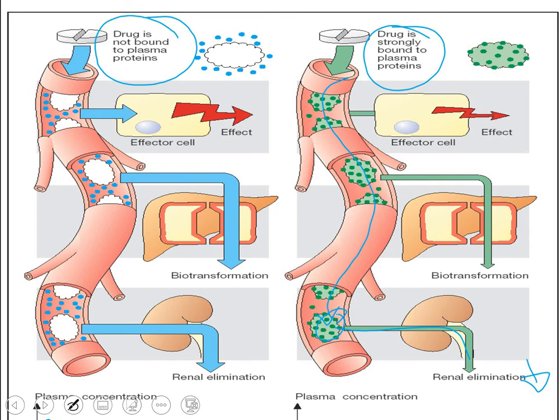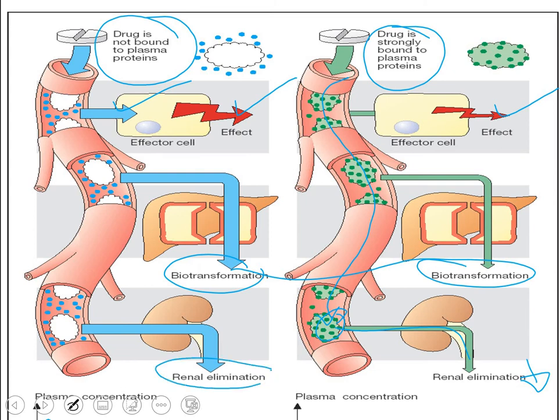And here, on the left side, it reaches the effector organ, the response is high as compared to this one, and biotransformation is high as compared to this one. Why? On the left side, because the free drug concentration is high, and it is very easily eliminated in the case of a drug with less plasma protein binding, and very slowly eliminated if it has more plasma protein binding.